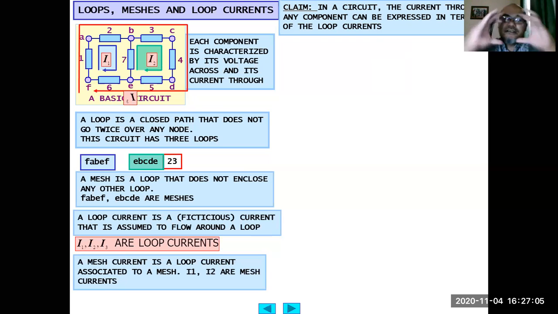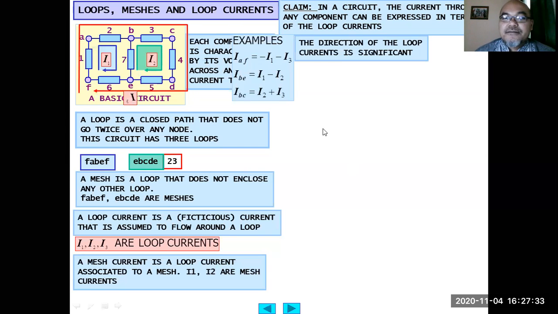If the circuit contains only a single loop, a simple circuit like the previous slide, then yes, that loop current will be immediately the current flowing through all the components inside that single loop. But if it contains more than one loop, like this circuit, then we may need to calculate the current through any component from these different loop currents.